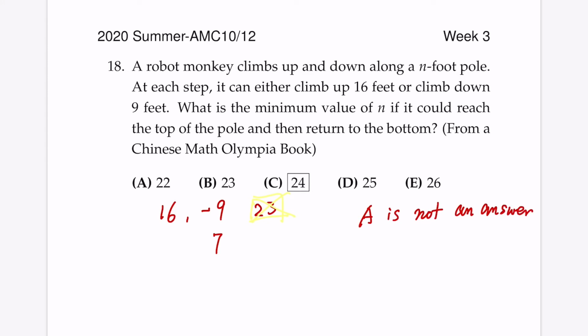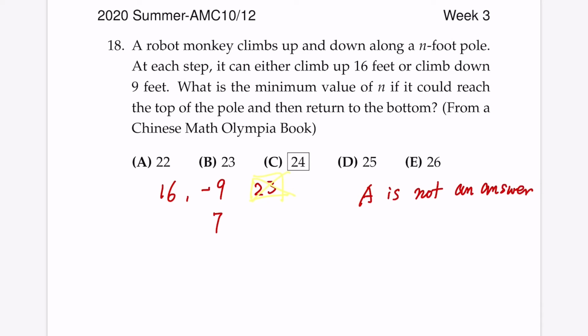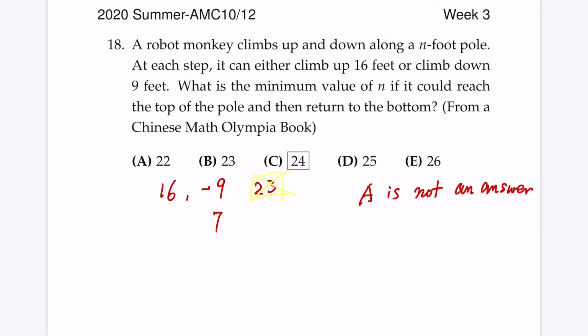For 23, it is actually possible for the monkey to climb to the top. The problem is that for 23, it's impossible for the monkey to climb down. Let's prove that. Starting with 23, the only way for the monkey to go is to go down by 9 twice, which is 18, so that you get 5.